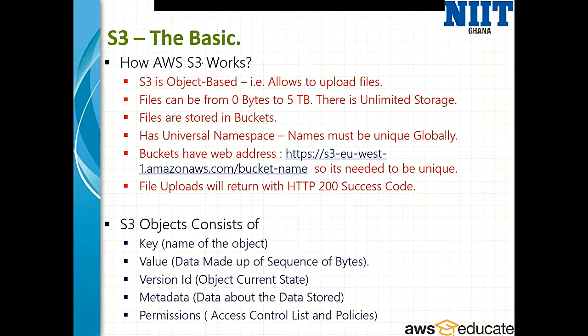The way S3 stores information is in buckets. Think of your bucket like a directory. This directory is unique for individual users. So when I'm building a bucket, that is unique for me, and no one else can have a bucket with the same name. It's a globally unique name, and these buckets are accessible through the web with a normal HTTP request.